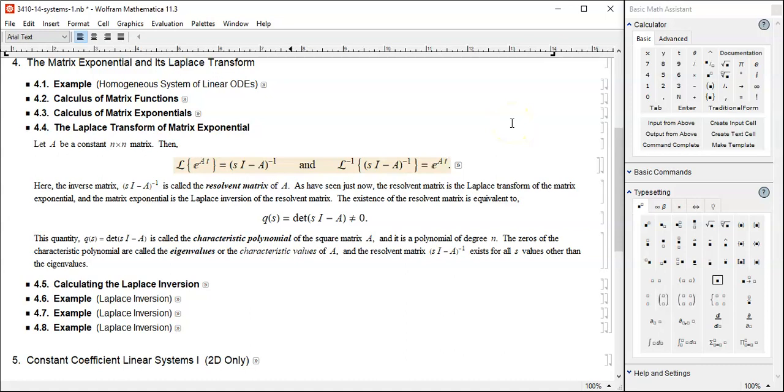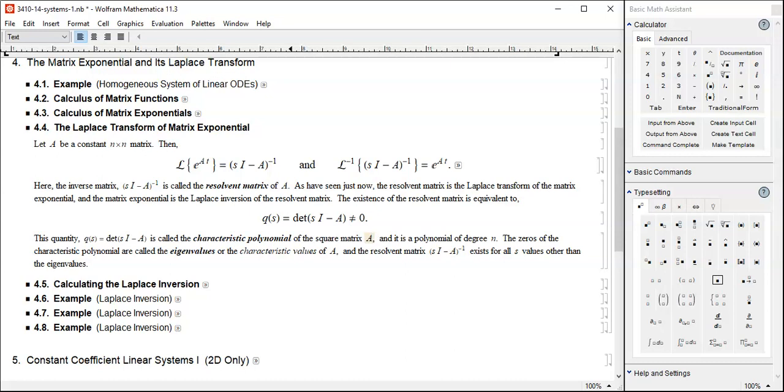A little bit more comment here. (sI minus A) inverse is called a resolvent matrix, and in order for this matrix to be invertible, its determinant has to be non-zero. And then this determinant, det(sI minus A), is called the characteristic polynomial of the square matrix A. We are using the same term, characteristic polynomial, for linear ODE.